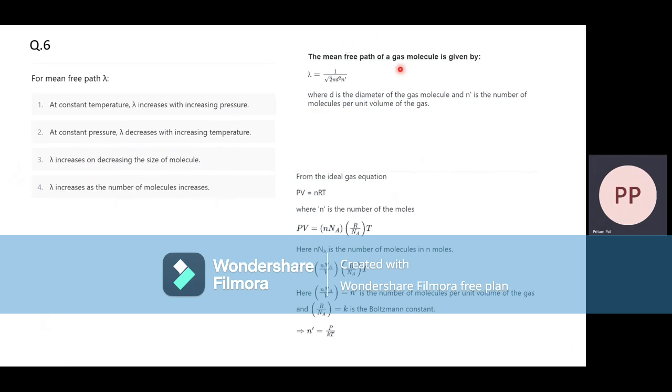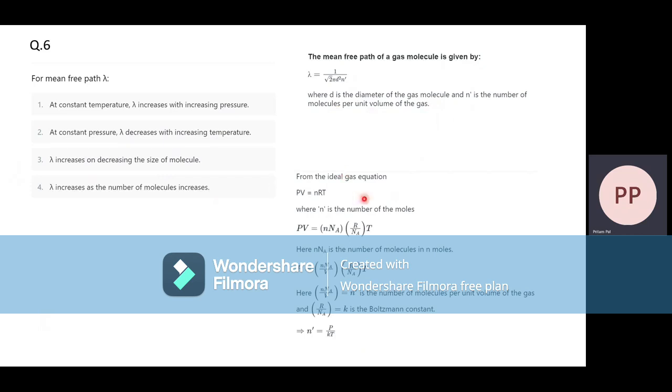By definition, as we know, the mean free path of a gas molecule is given by this equation: lambda equals 1 over root 2 pi d square times n prime, where d is the diameter of the gas molecule and n prime is the number of molecules per unit volume of the gas.